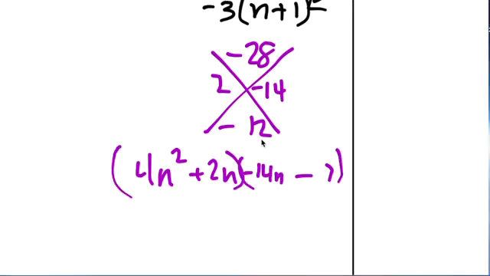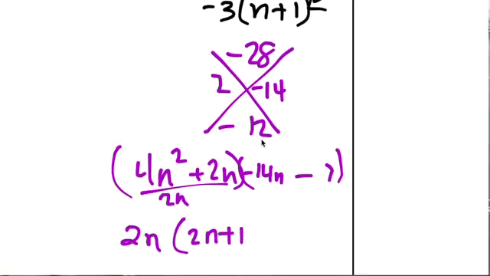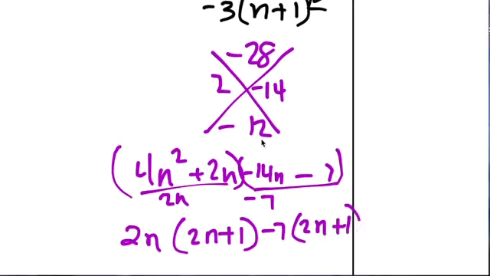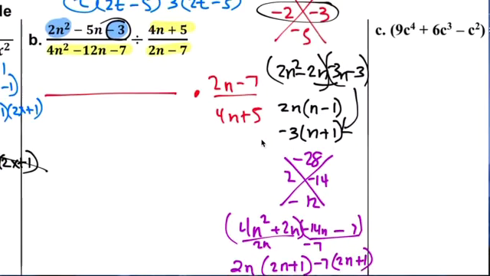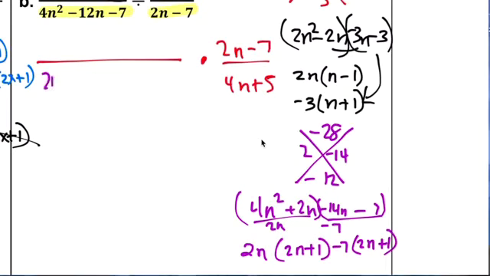Okay, so I got factor out a 2n. Divide by 2n, you get 2n plus 1. Divide by negative 7, you get 2n plus 1. So at the denominator, you get 2n minus 7 and 2n plus 1. So it has to be a plus 1, right?